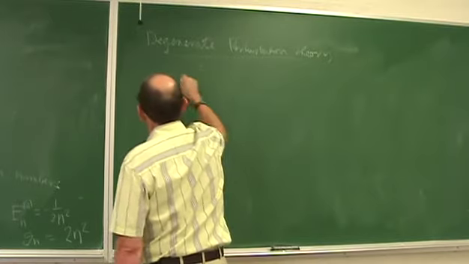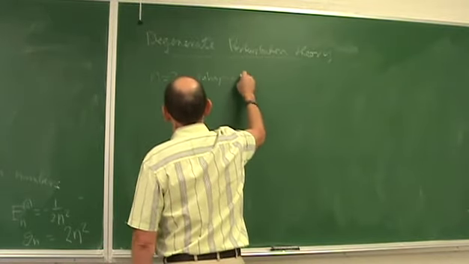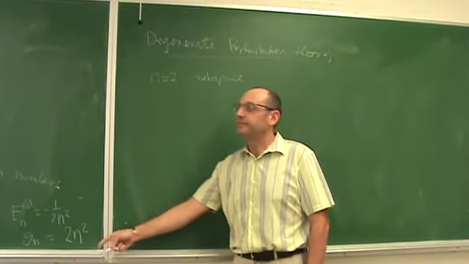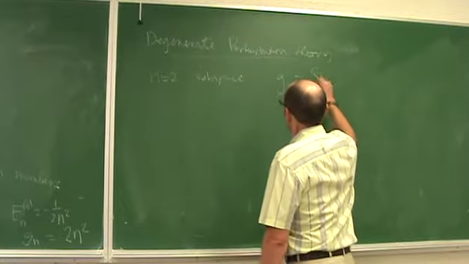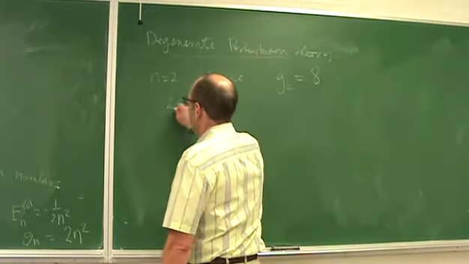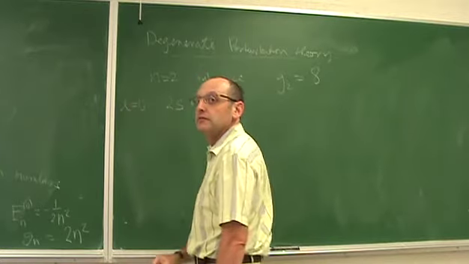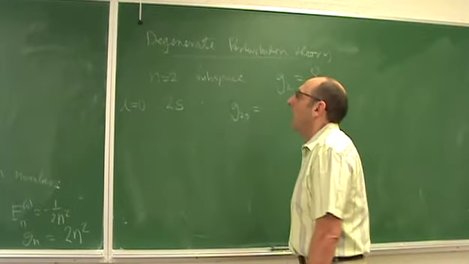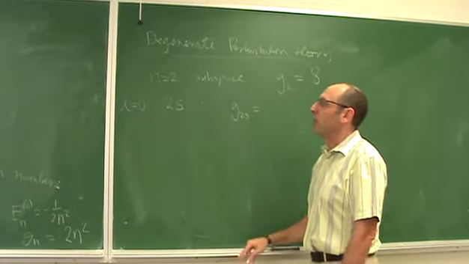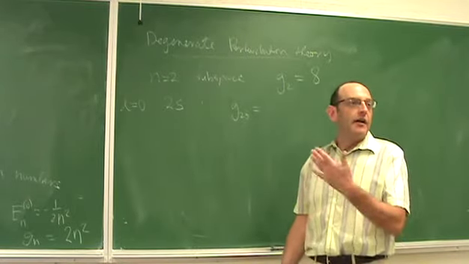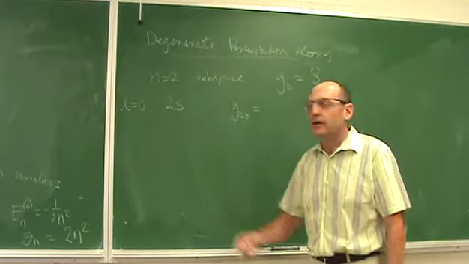The n equals 2 subspace has how many sublevels? Well, 8, right? Degeneracy is 8. What are those 8 states? Well, we have the 2s, l equals 0. How many states are specified with those quantum numbers? Well, m sub l takes one value, m sub l equals 0, but m sub s can be plus or minus a half.